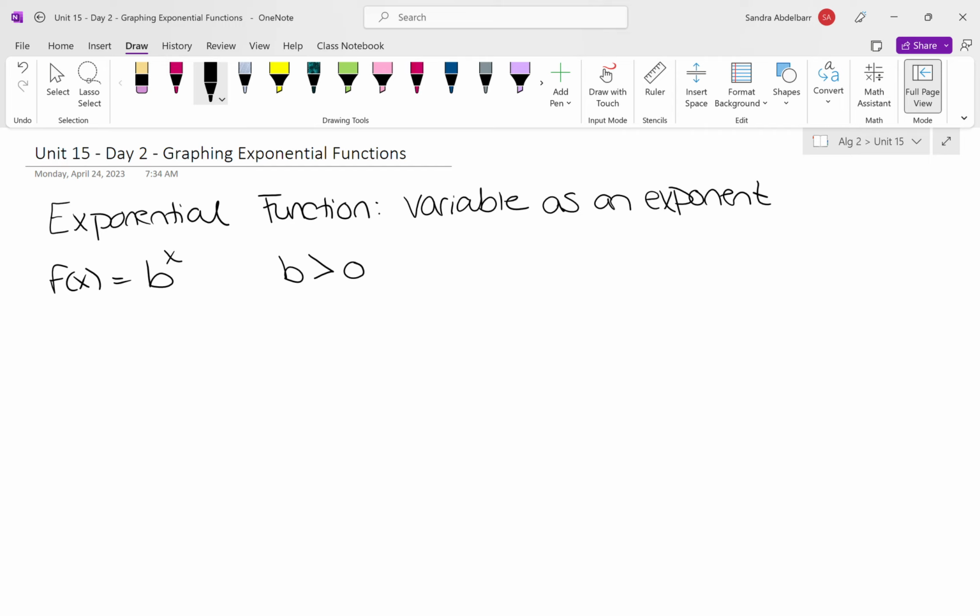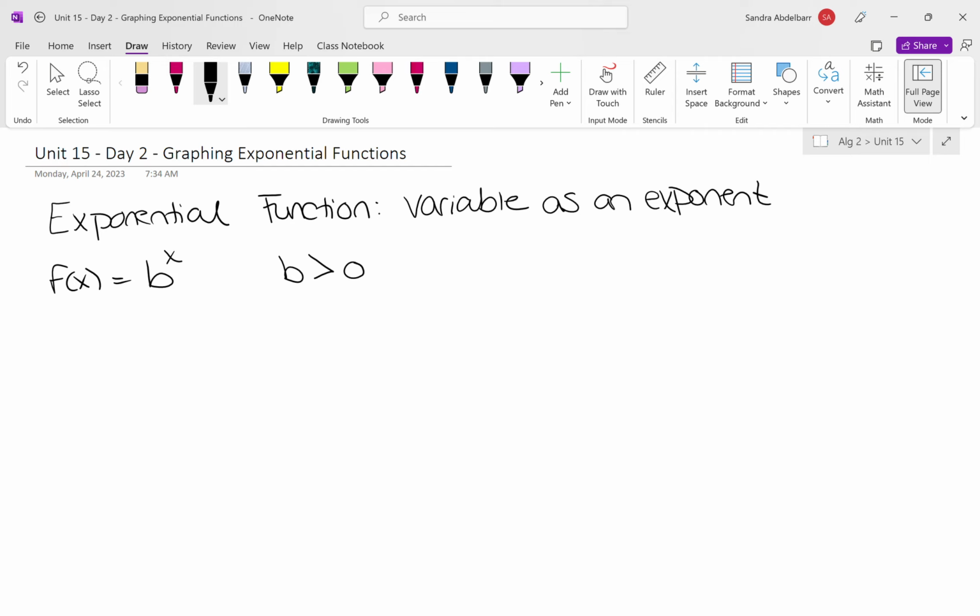Why am I saying b has to be greater than 0? So our base has to be greater than 0. Why do you think that? What happens if b is less than 0? What could potentially happen there if b is less than 0? So if our base is less than 0.